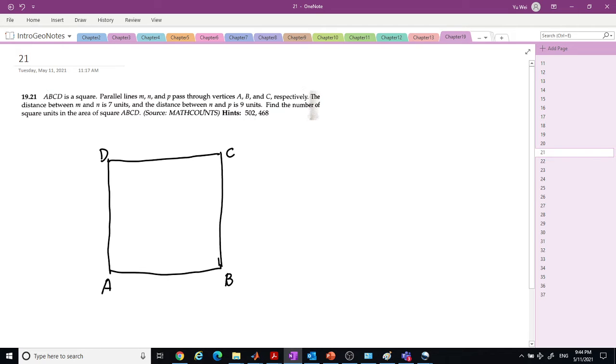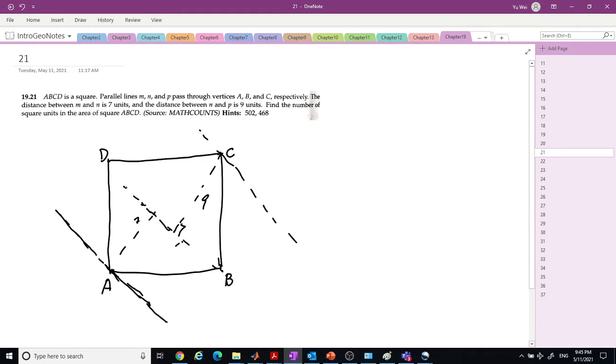Then parallel lines passing through A, B, C, so we have some parallel lines passing through ABC. So we know that the distance of AB is 7. So this is 7, and the CD is 9. Okay, so like this.